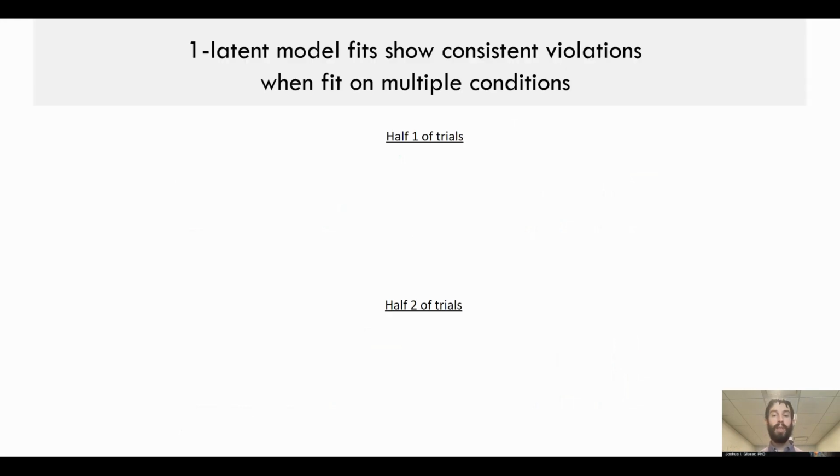But how do we know that violations of this rigid control hypothesis are consistent, and not just individual examples that may happen due to chance or due to noise? The way we'll address this is by splitting the data into halves of trials and fitting the model to both halves separately, and seeing whether we get consistent ways that the model fails, instead of things just due to chance.